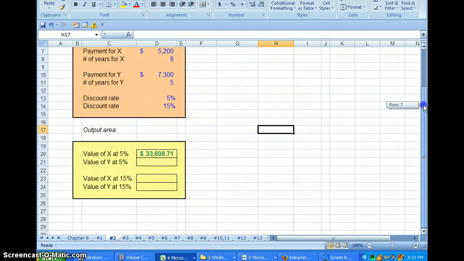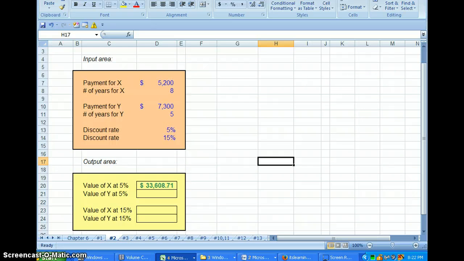Here it is. $5,200 for 8 years, $7,300 for 5 years. Discount rate 5 and 15%. And what we're going to do is we're going to solve a present value.